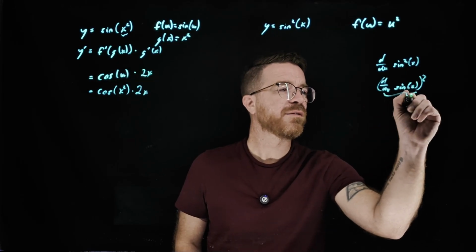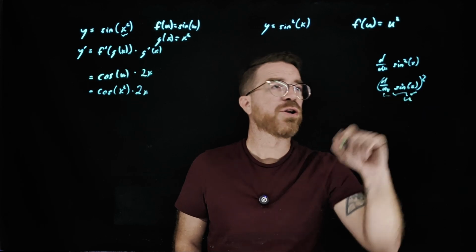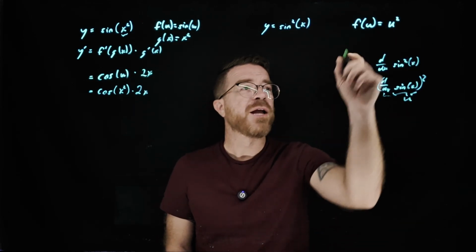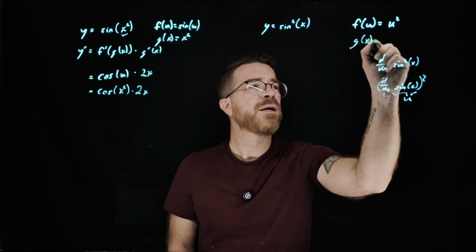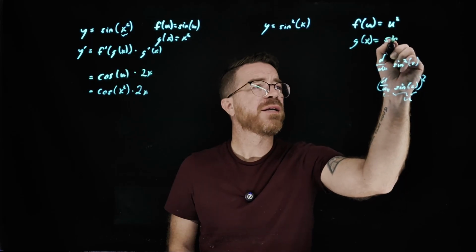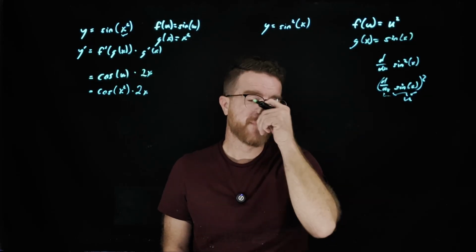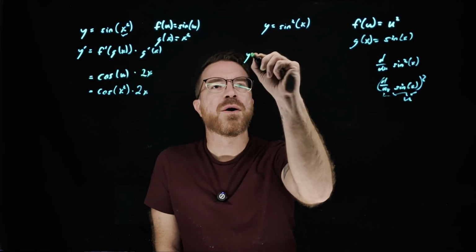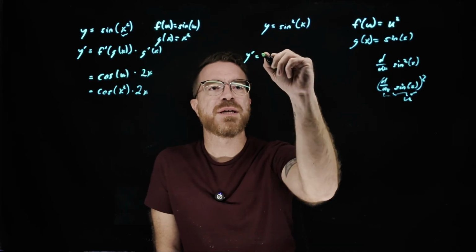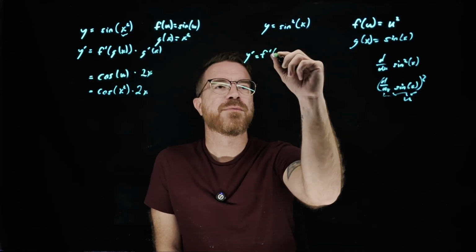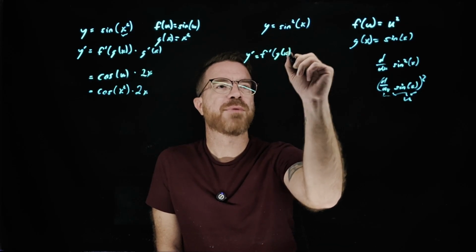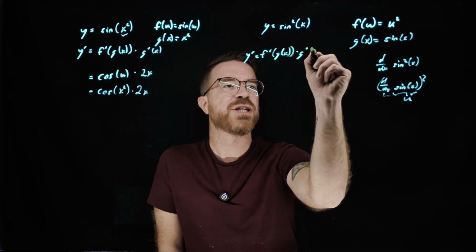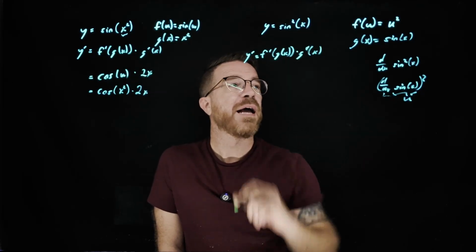So in this case, sine of x is going to be our u, so it's u squared. And our g of x is going to be sine of x. So now when we take our derivative, this is going to be equal to f prime of g of x times g prime of x.